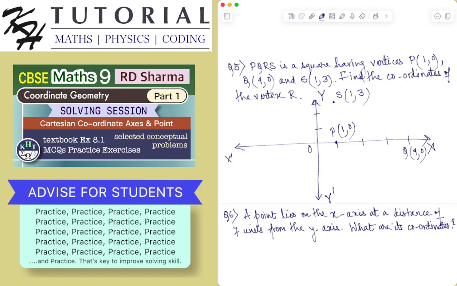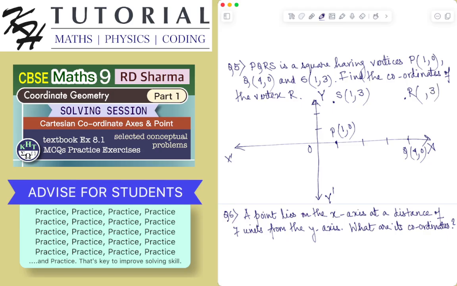It will be somewhere over here. The side SR of the square is definitely parallel to the side PQ. So the points S and R will be at the same distance from the x-axis, and the point S is (1, 3), which means it is at a distance 3 from the x-axis. So the point R should also be at a distance 3 from the x-axis. So its ordinate has to be 3.